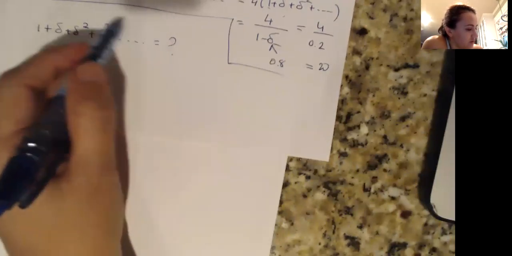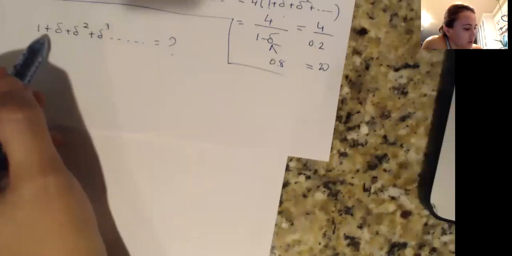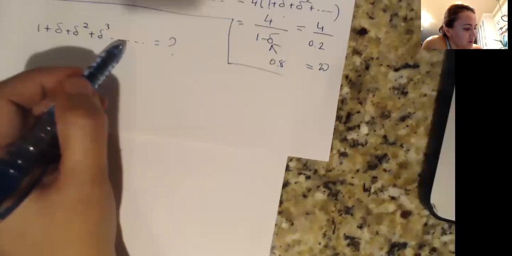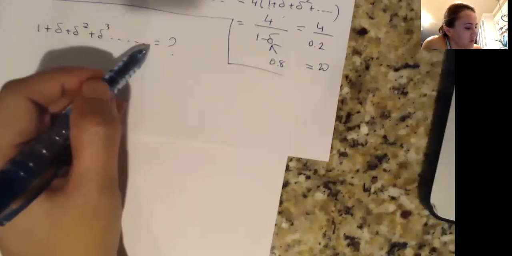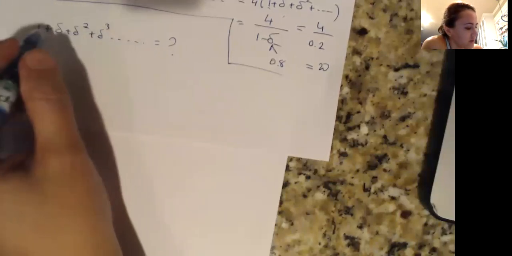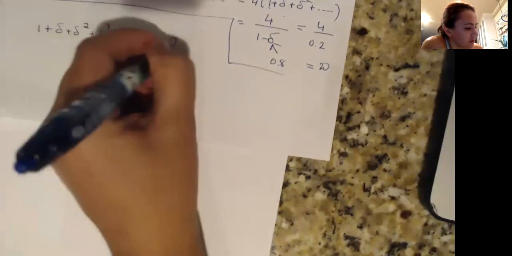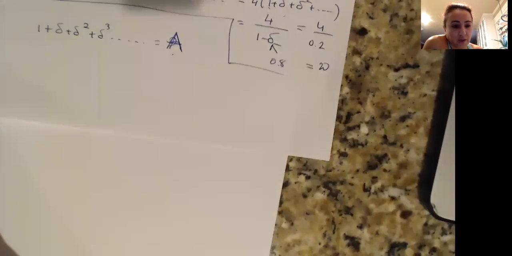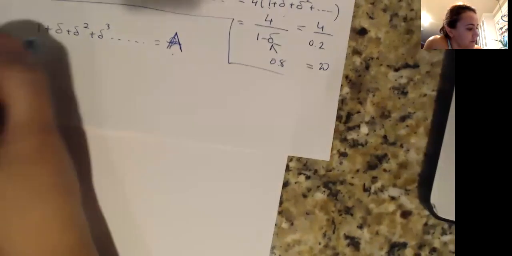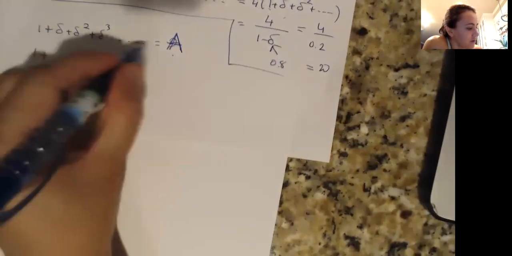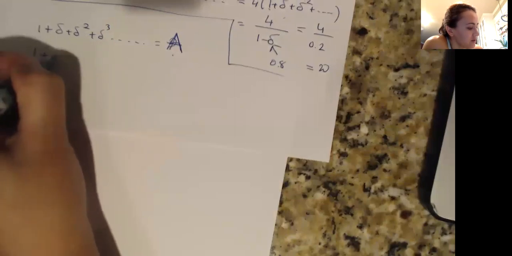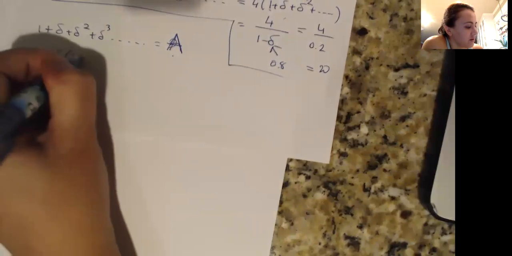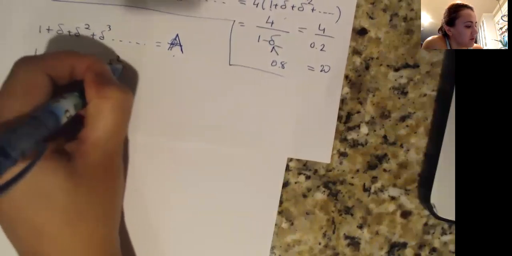So how do I figure out what this thing is? Well, I cannot simply calculate this because it has an infinite sum. So what I do is I play a trick. Let's call this A. So I'm trying to find A. Then I'm going to write this left-hand side as 1 plus delta times the parentheses of 1 plus delta plus delta squared.